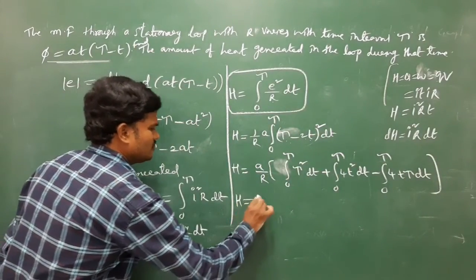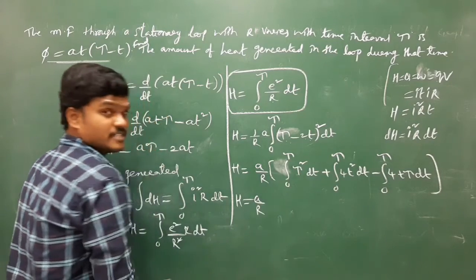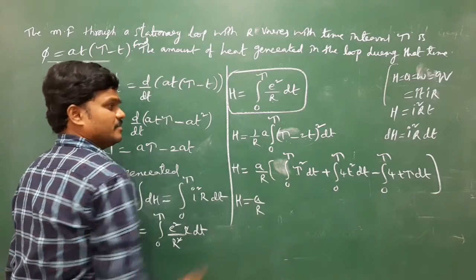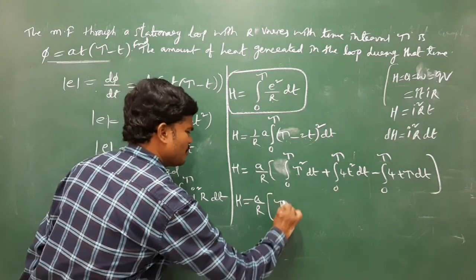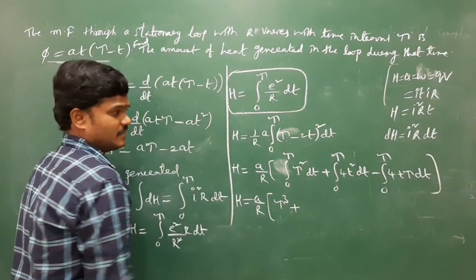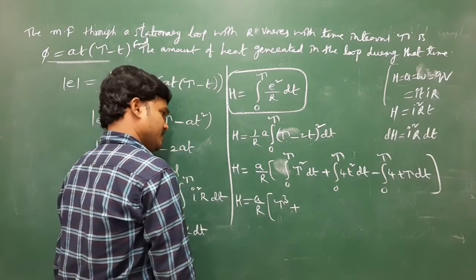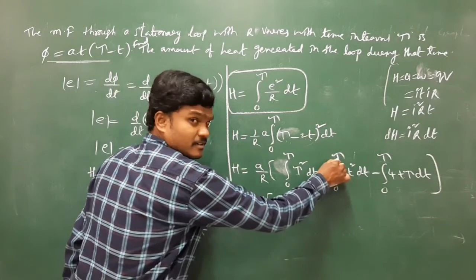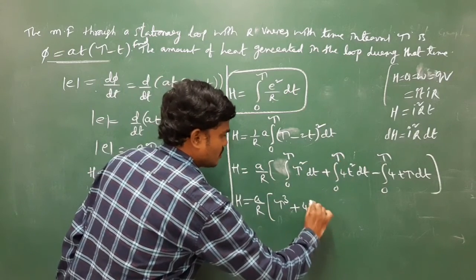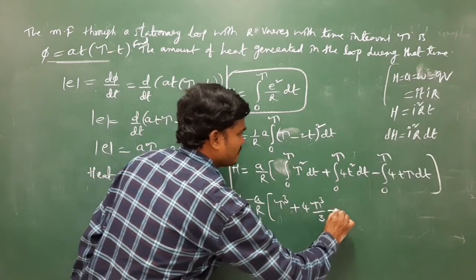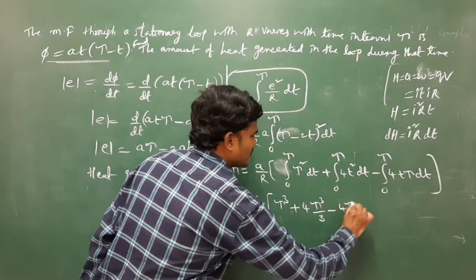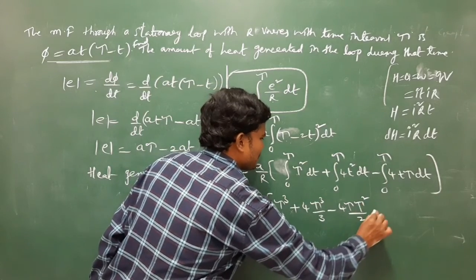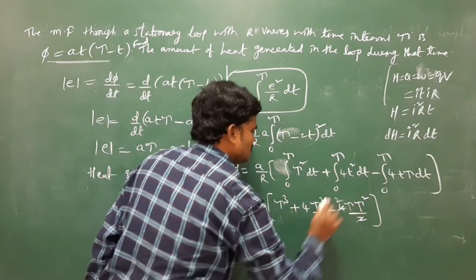Now H equals a by R. Tau square is a constant, so you write it outside, and the integral of dt is t, and after applying the limits, you get tau cube. Check it: the integration of t square is t cube by 3. 4 you write outside, apply the limits, tau cube by 3. Minus 4, tau you write outside, the integral of t dt is t square by 2, so tau square by 2, so this is 2.